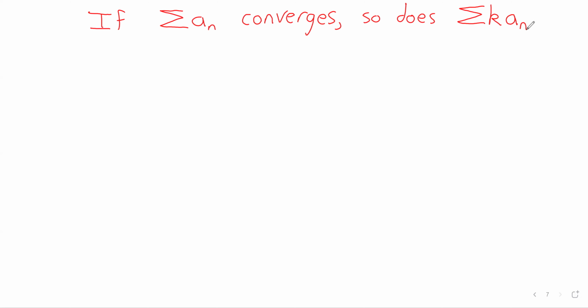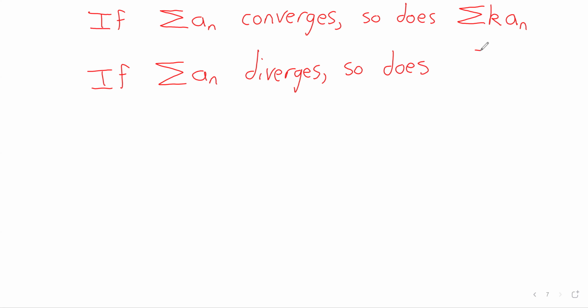And similarly, if a series diverges, so does a constant times the series. I guess that second statement needs the footnote that, of course, that k can't be 0, but that's obvious, maybe. And I mean, we use this theorem all the time.